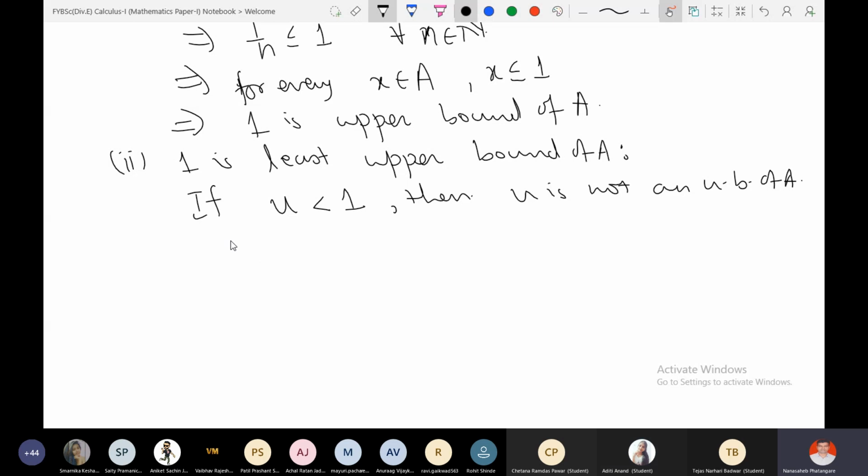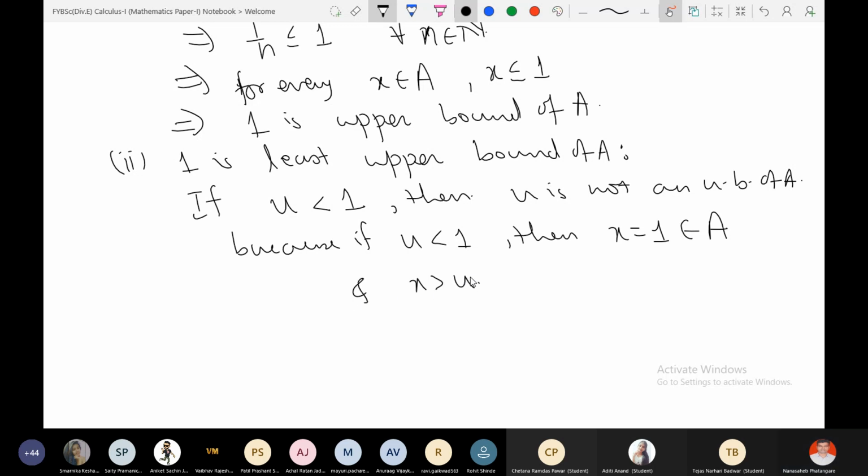Yes, right? Because if u is less than 1, then x equal to 1 is a member of A, and that x is greater than u. Right, 1 itself is a member of the set which is greater than u, so you cannot go below 1.